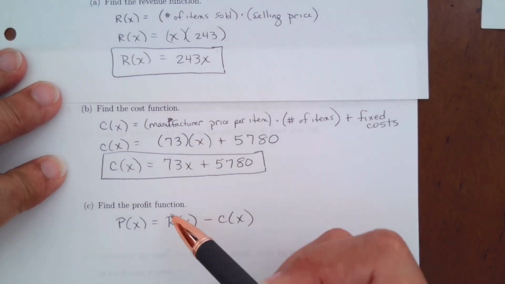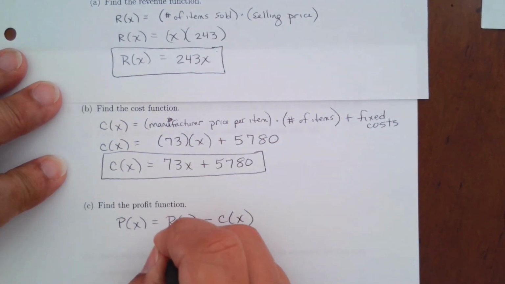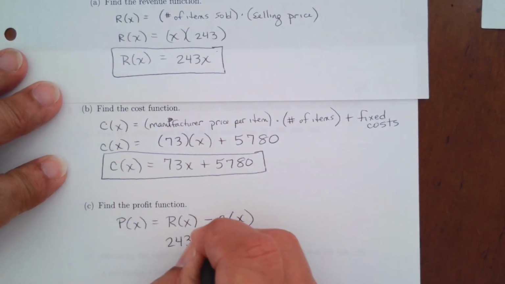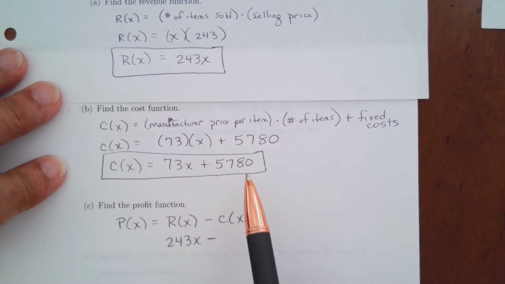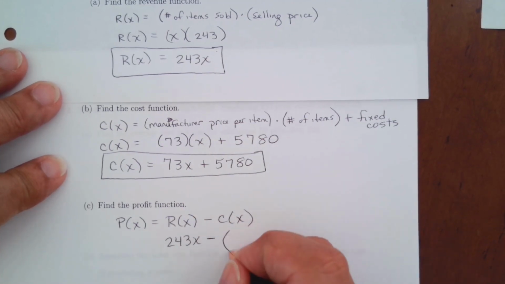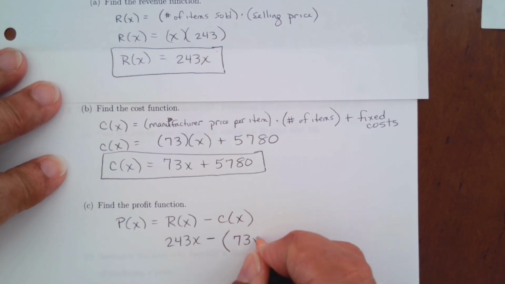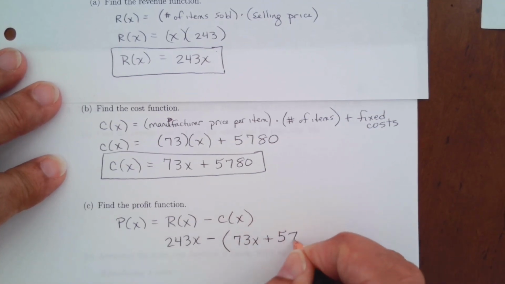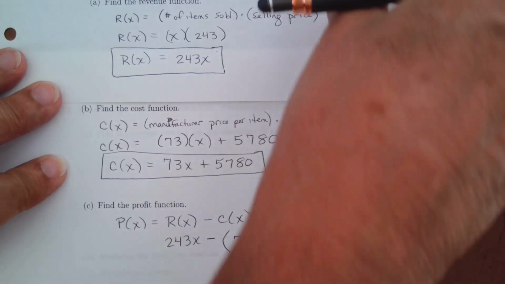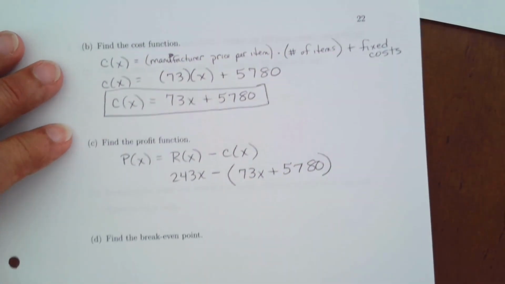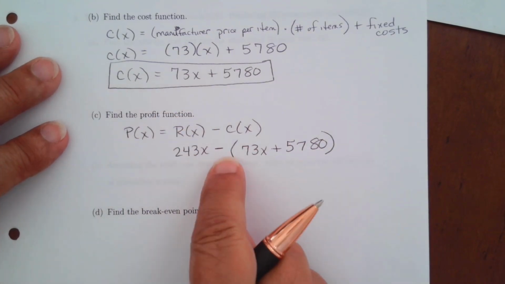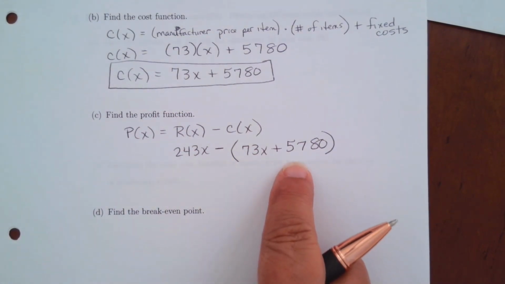So the revenue function is 243X minus, if your cost function is more than one term, put it in parentheses. So we're going to minus the cost function, which is this. All right. So we've got the revenue minus the cost function.